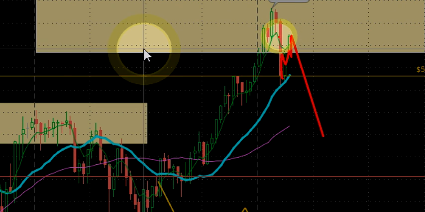Certainly wouldn't be long oil here. We've got a larger resistance area here, a larger time frame resistance area. So I wouldn't be long oil right here just yet. I would wait for it to take out this high, maybe pull back, and then have a couple of weeks outside of this area before I were long oil.